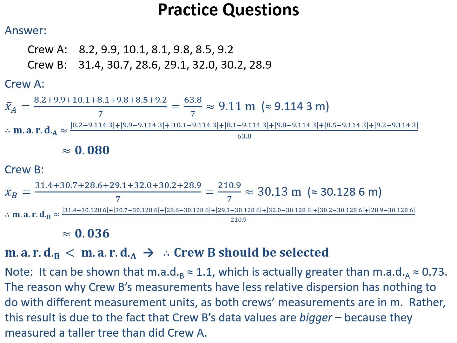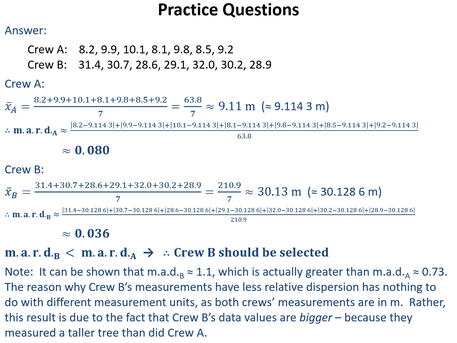That turns out to be the case for both crew A and crew B here. So the sample mean for crew A works out to 9.1143 meters, and the sample mean for crew B works out to be 30.1286 meters.